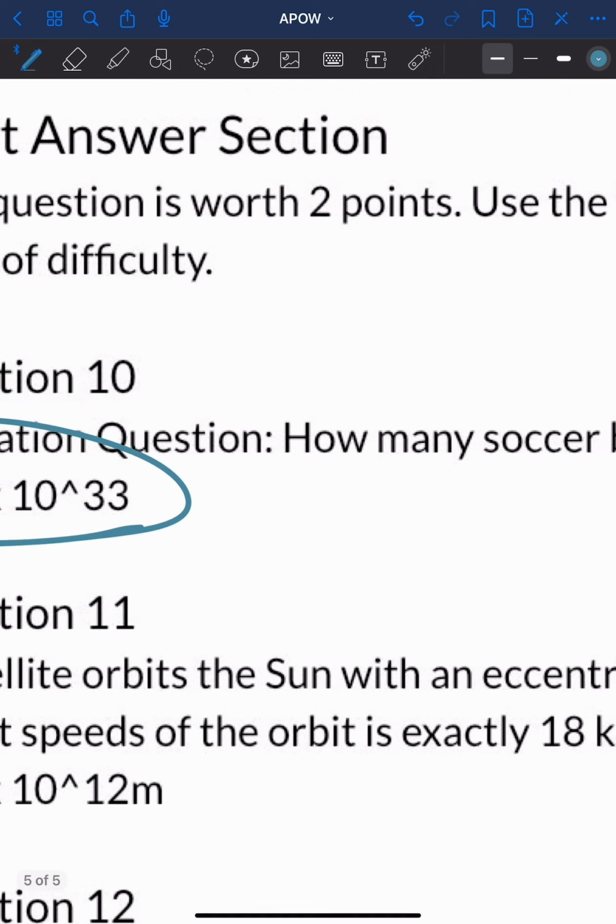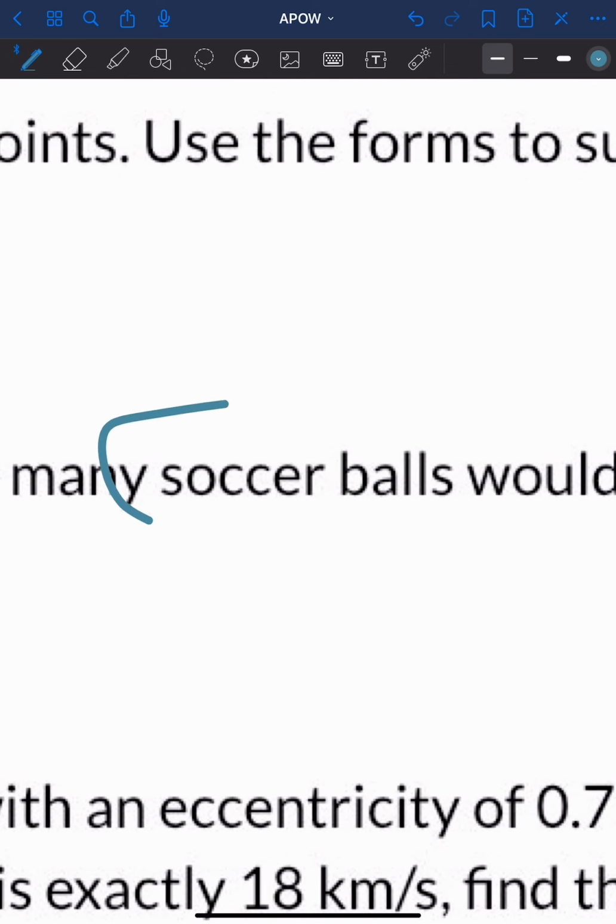If you do some math, you'll find it. Let's just take a soccer ball. I actually in fact did not do this question, so give me a moment to attempt it. How long is a soccer ball? Soccer ball diameter?